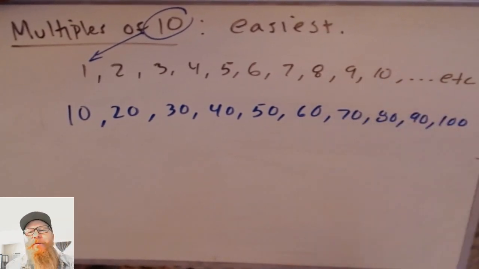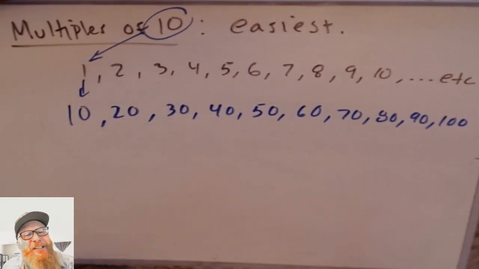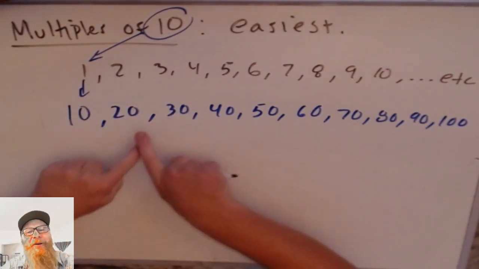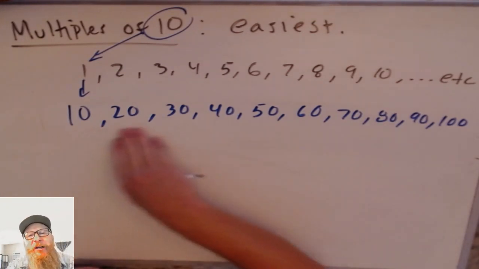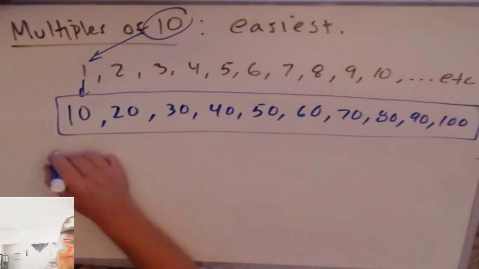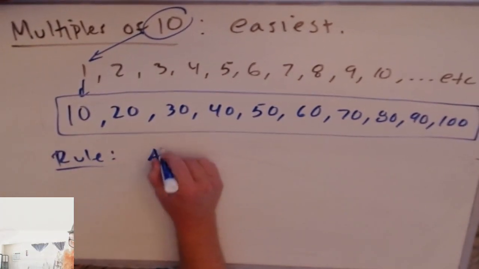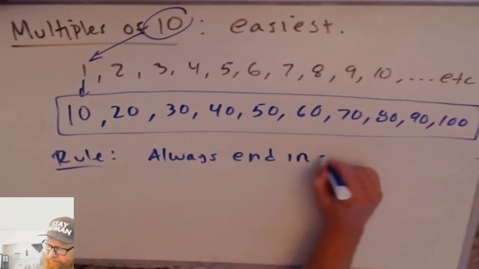When I was little and got the multiplication test they give you, I would always do my 10s as quickly as I possibly could, because all you have to do is add a 0. So the rule for multiples of 10 is they always end in a 0.